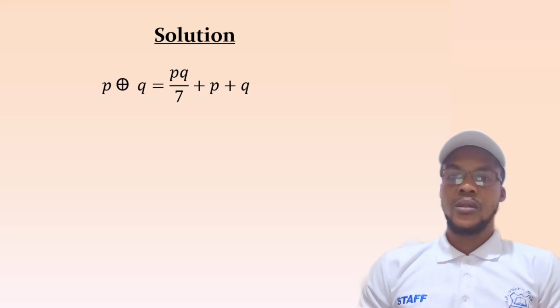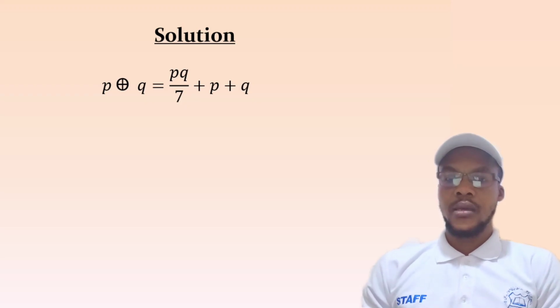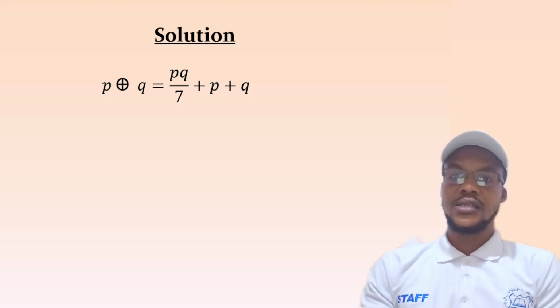When we say binary operations, we are dealing with two elements where one operates on the other. So this is the rule given in the question.